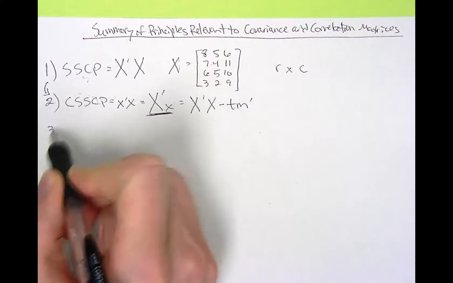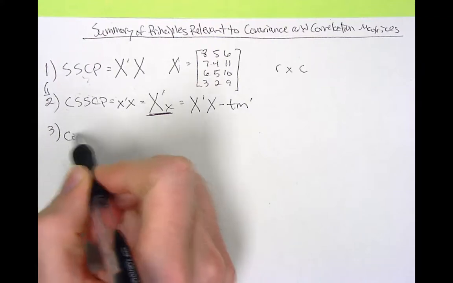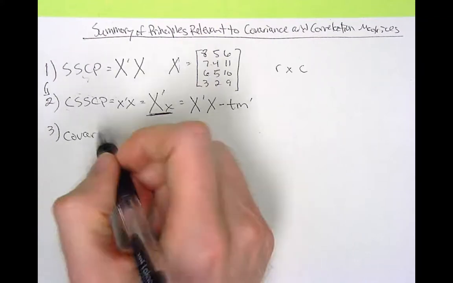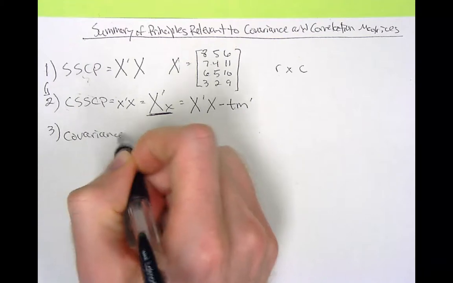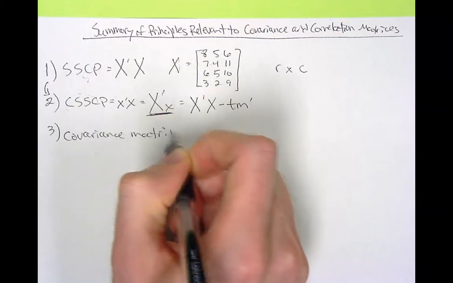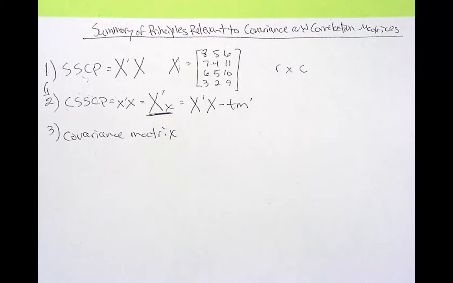The third one is the covariance matrix. This is even more restricted than the centered sums of squares and cross products matrix. It's the CSSCP divided by the DF, the degrees of freedom.